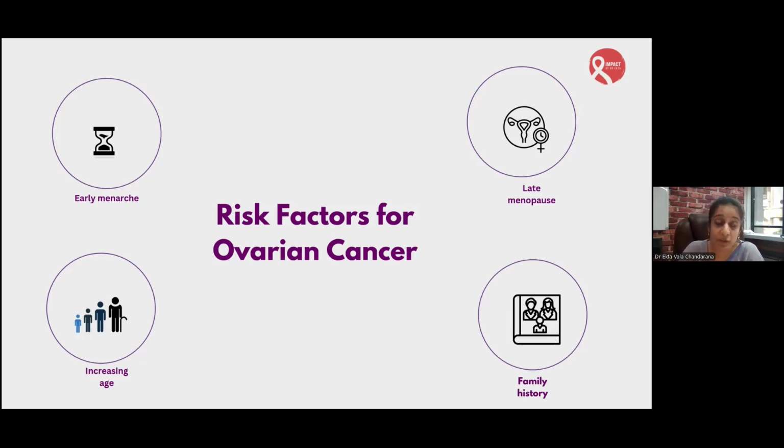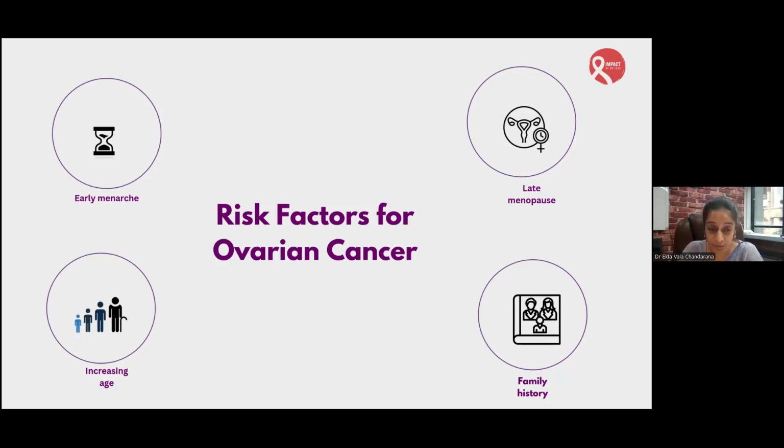As a family physician, we have to be very alert and suspicious. Any symptoms of early satiety, indigestion, pelvic discomfort or pain, or abdominal distension, if they last more than 2 to 3 weeks, then one should think of ovarian cancer and go for investigations like sonography, TVS, CA-125, and further imaging.